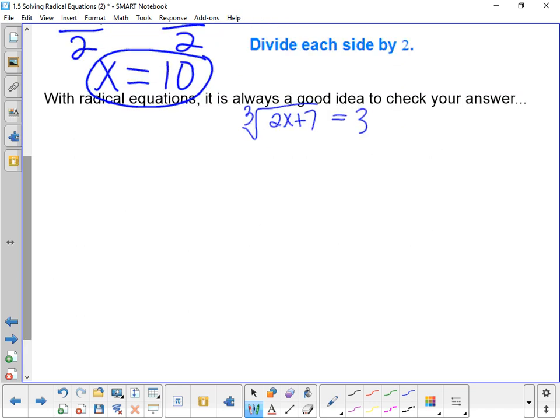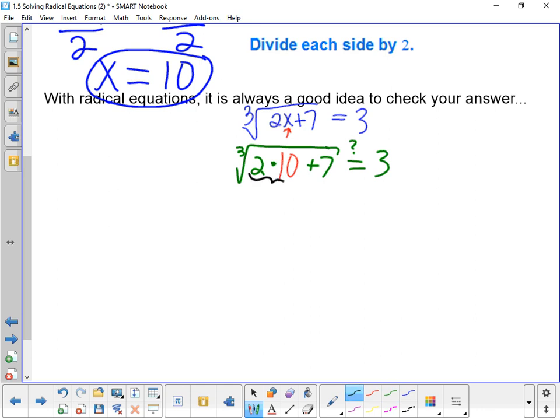So our solution was x equals 10. So what I'd like to do is come back to my original equation that I started with, and where you see the x, I am going to put the 10 and just see if it works. So we have the cube root of 2 times 10 plus 7, and we're wondering, is that equal to 3?